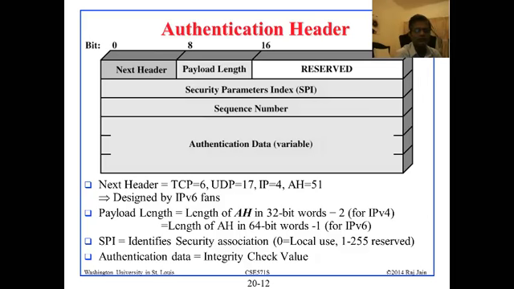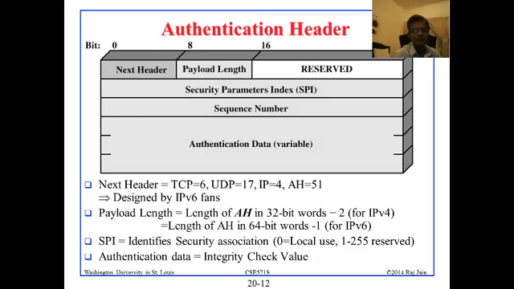Okay, so local use. Now the payload length is something that you have to remember, and I think it is kind of crazy, but anyway, payload length is the length of the AH payload in 32-bit words.